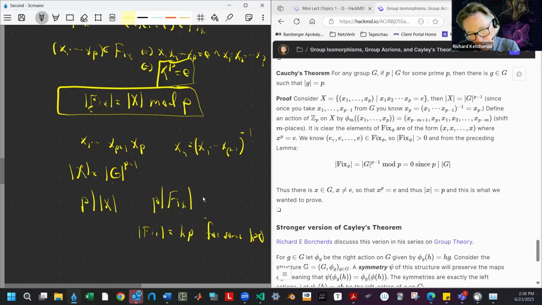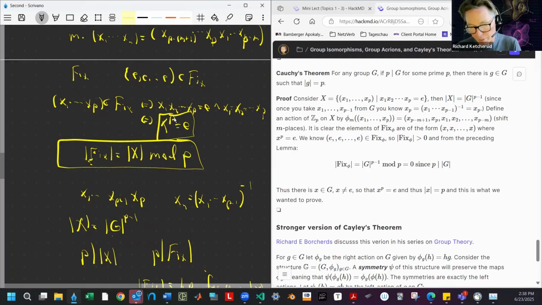But we're getting some elements of order p in G, and we're doing that by looking at an action of Z_p on these tuples. So I think this is a very interesting, fun proof of this thing. I'm sure there are other proofs too, but this is a nice proof using actions.